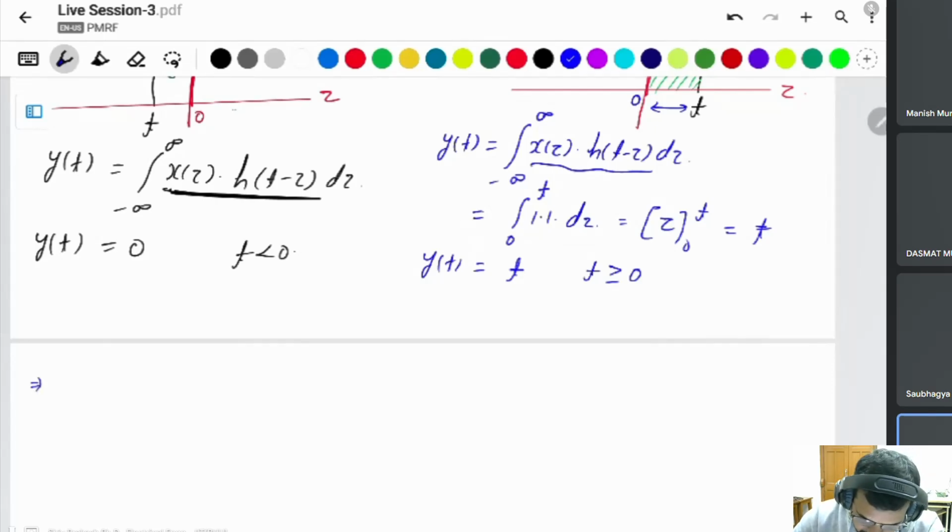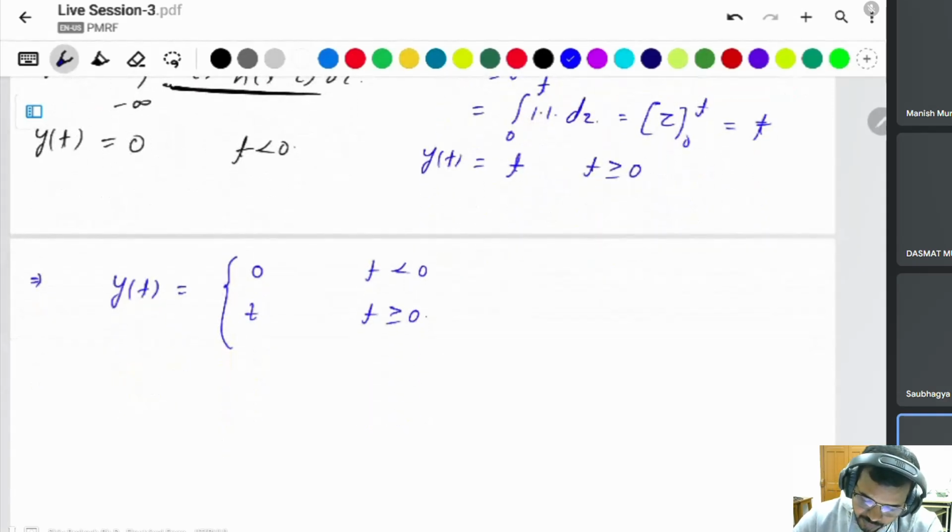You can say y(t) is equal to 0 when t is less than 0, and t when t is greater than or equal to 0. You know this signal, this is the ramp signal.